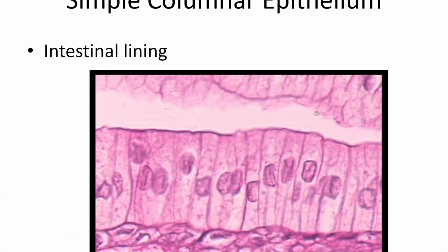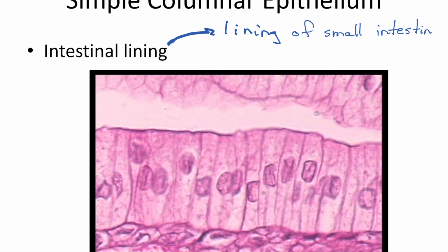Simple columnar epithelium is found in the lining of the small intestine. And again, we can see our basement membrane here.